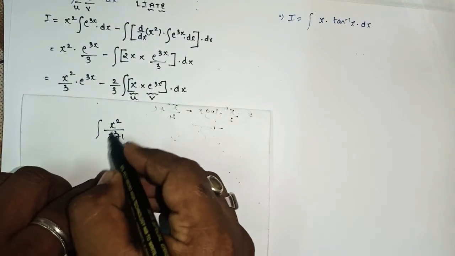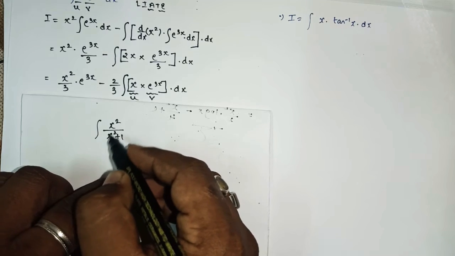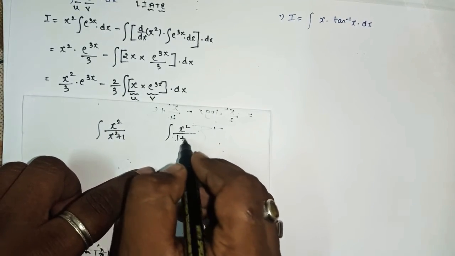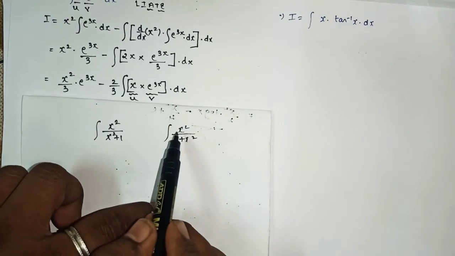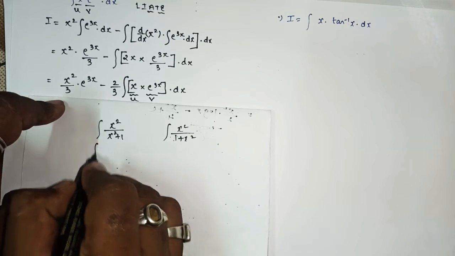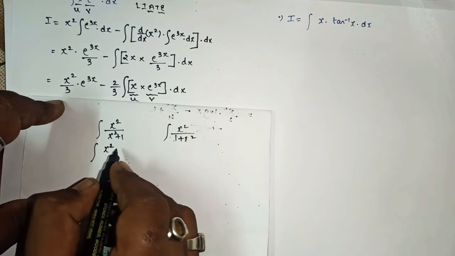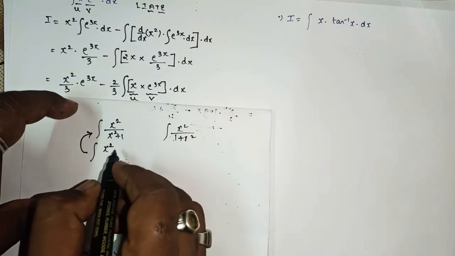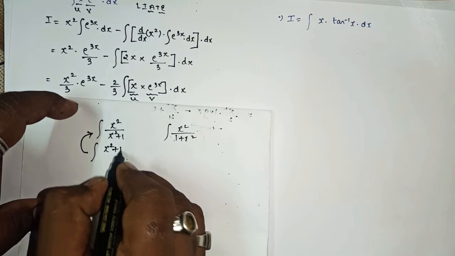That means the first section, this part should be same, or else the function can be like this also, 1 plus x square. Let it be, no problem. This part should be same. So what exactly you will do, you will adjust the numerator in such a way that you get the previous step. So simply you will adjust the numerator by plus 1 and minus 1.